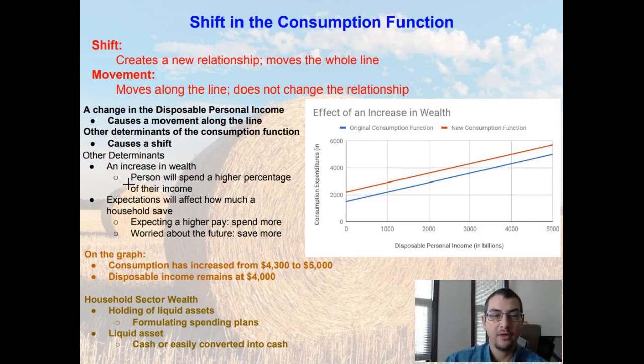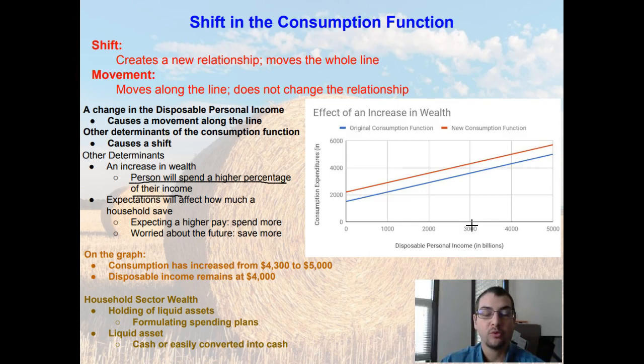If there's an increase in wealth, then that might encourage the person to spend a higher percentage of their income on goods. Rather than saving some, they're willing to spend more of it. So let's say they have an increase in wealth, and that triggers them to say, you know what, I have enough money in reserves, I have enough wealth, I can spend more of it.